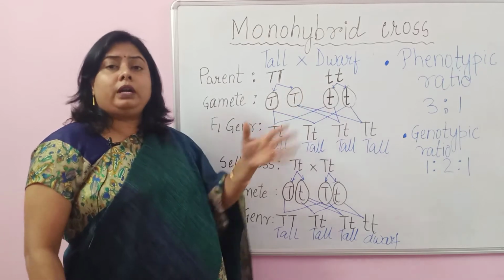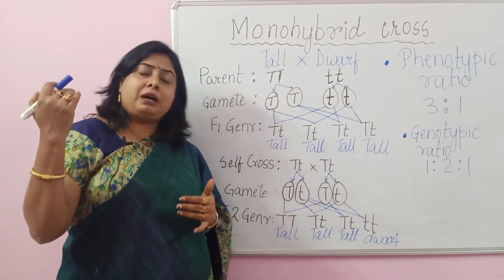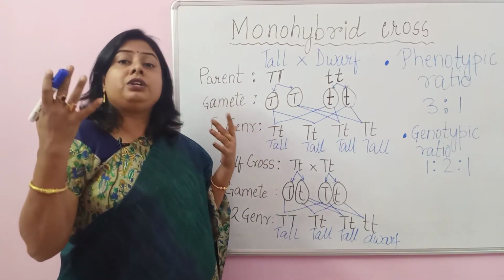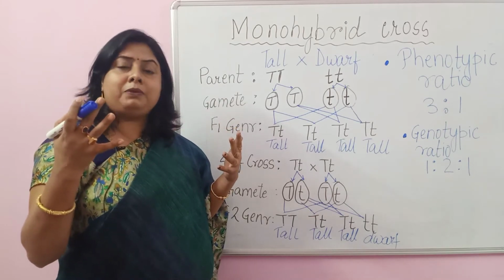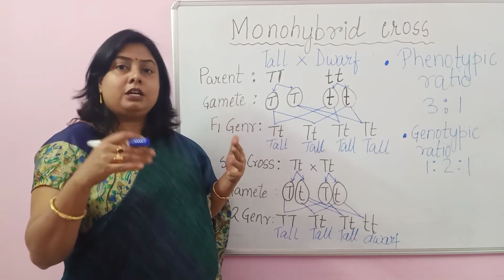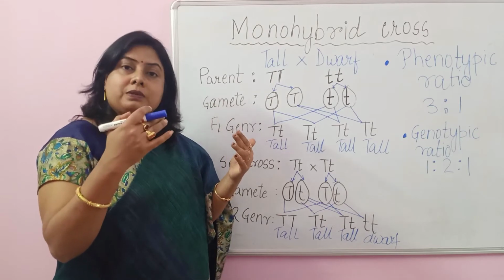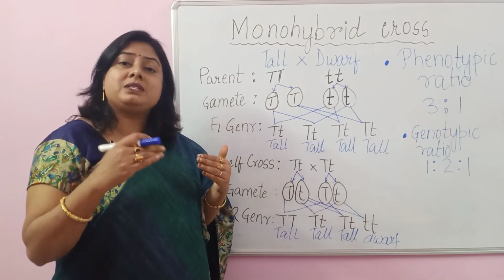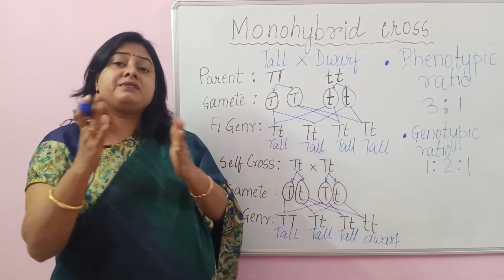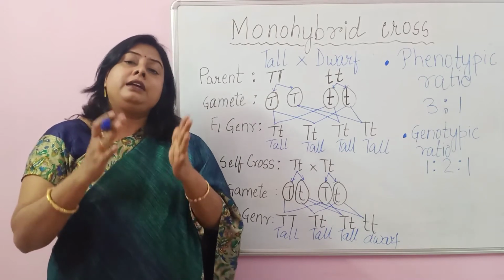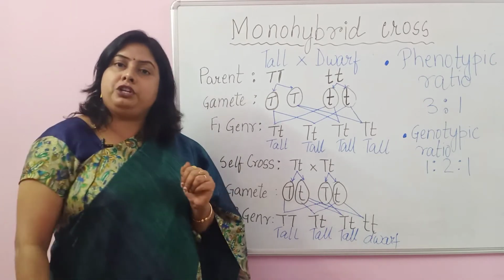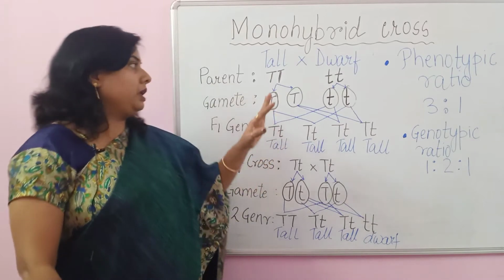What we have seen in the reproduction chapter is that during sexual reproduction, first the organism matures. Then it forms gametes. The gametes fertilize. Then the offspring is produced. Think of the same thing.